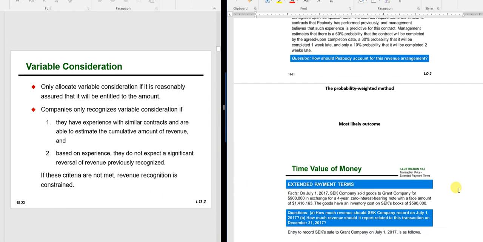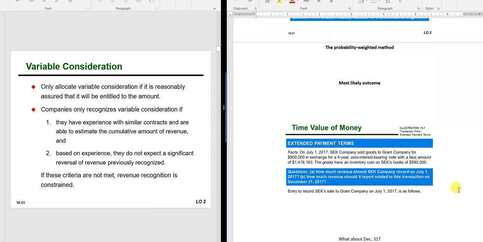Okay, so when we talk about variable consideration, hopefully you now can understand what variable consideration is. Variable consideration is I'm going to get paid a different amount based on something that varies. So whether they pay early or not, with the 2/10 net 30, whether they take the trade discount or not, whether they get it done on time or not.